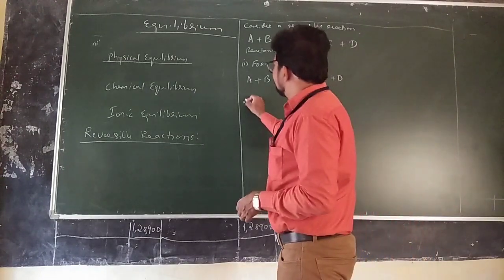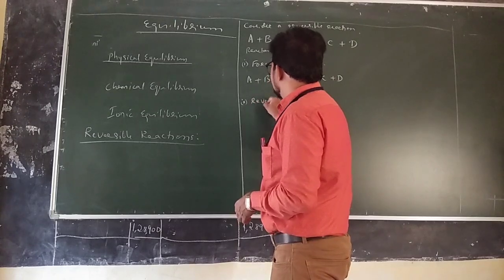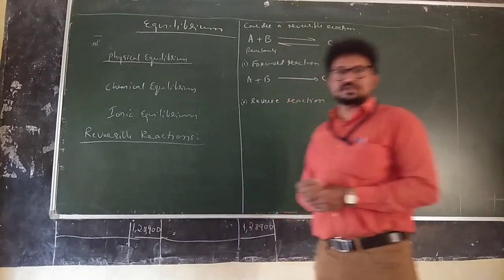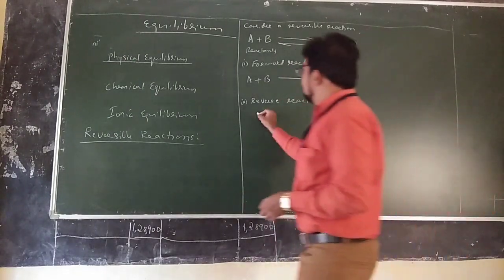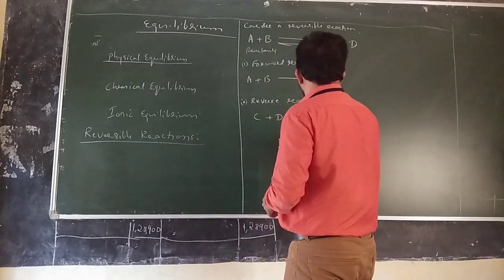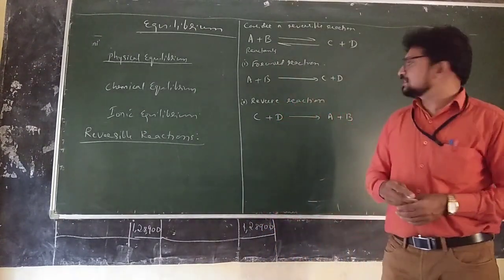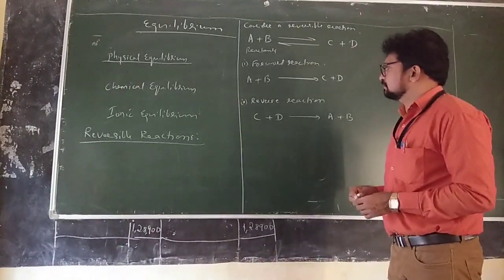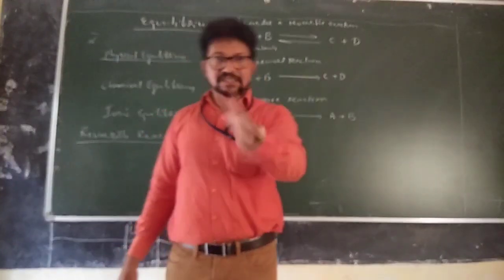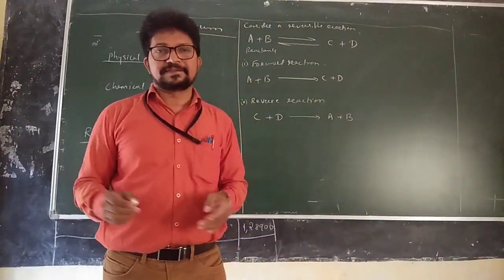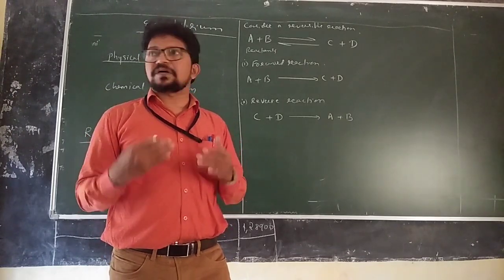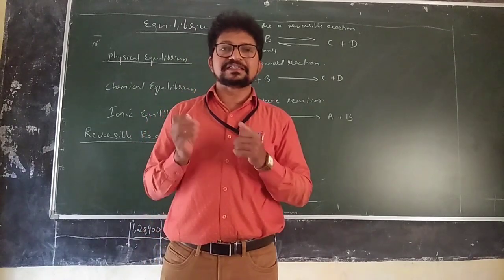Then, what about the other one? Reverse reaction. What is reverse reaction? That is, products C plus D giving back A plus B, the reactants. This is called reverse reaction. As I said, under the same experimental condition, both the reactants and products are capable of reacting.